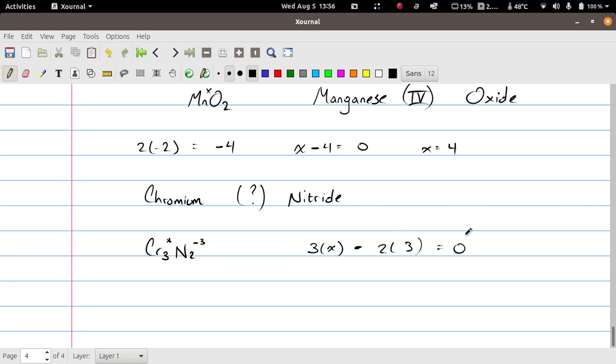So we have 3x minus 6 equals 0. So then 3x equals 6, divided by 3, x equals 2. So this would be chromium 2 nitride.